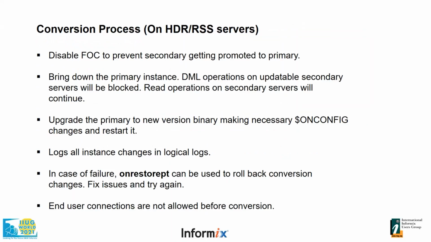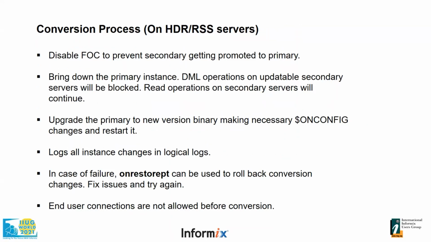This is how you actually go through converting your HDR secondaries. So first thing, when you want to convert your HDR or RSS, you need to disable FOC, the failover control.